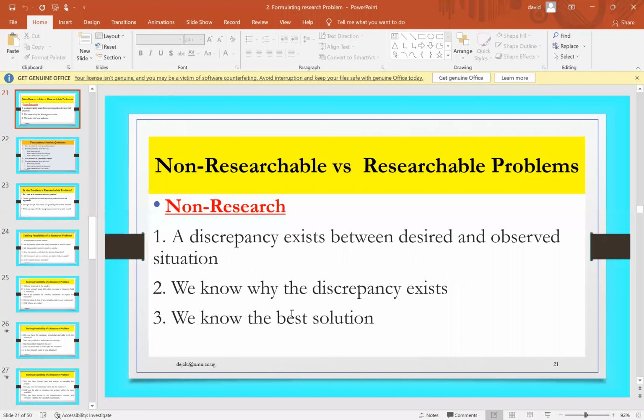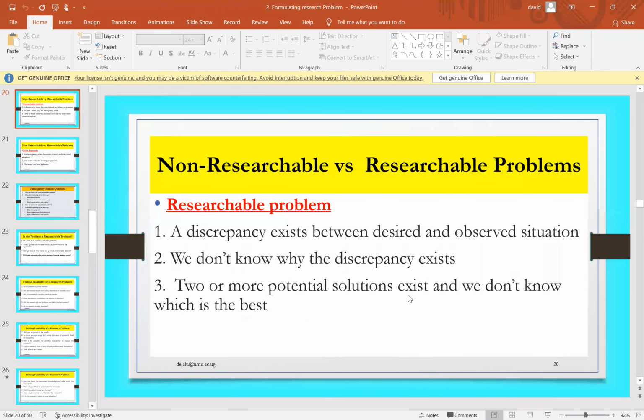However, if there is a discrepancy and you don't know why this discrepancy is existing, and two or more potential solutions exist for that discrepancy, and you don't know the best, then it becomes what? A problem.